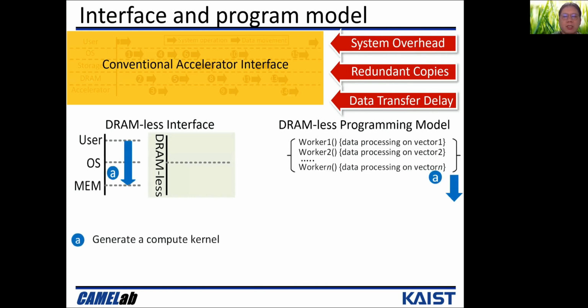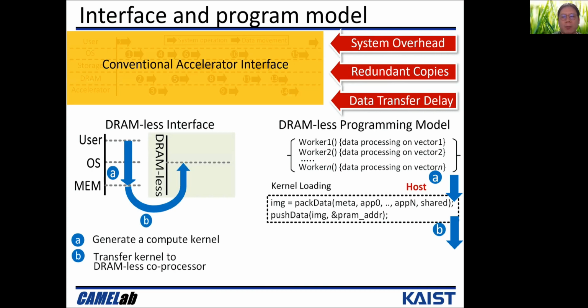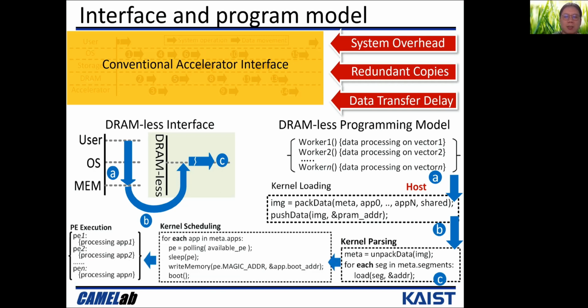So the host firstly generates the compute kernels. It then groups the kernels into a package and downloads the package to the unused PRAM space. The server in the DRAMless will take over the remaining task. It parses the packages to extract the kernels and schedules the kernels to the agents. The agents will process the assigned kernels.